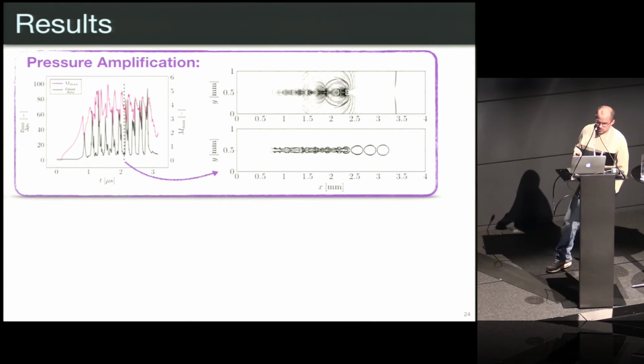Here are some more results. One of our interests in the simulation was to see the maximum pressure amplification for this case, where we define the pressure amplification as the maximum pressure we find divided by the shock strength. For the last bubble, it amounted to about 100, which means that the collapse of the last bubble was about 100 times stronger than the initial shock wave, which corresponds to a maximum pressure of 40,000 bars.